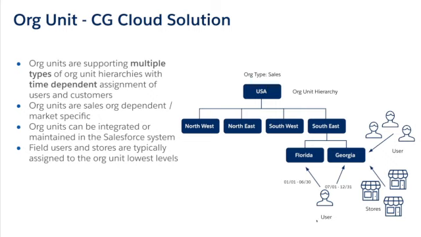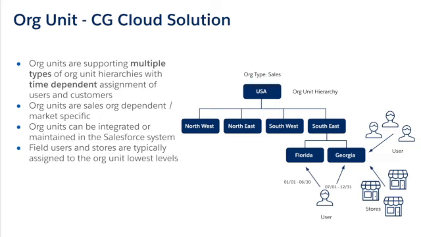That means you can assign your users, for example, when you can see my mouse pointer, one user working for the first half year in the Florida org unit, and it's already planned that this user will become responsible for the Georgia territory from the beginning of July.